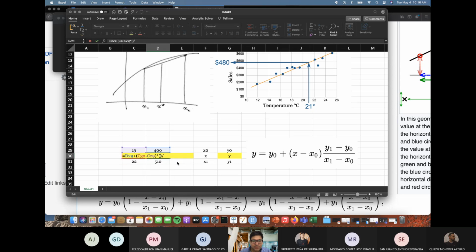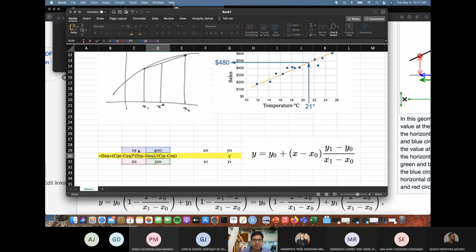So this is not the one. So we say we have the x, which is this one, of course, minus x0, which is this one, and then we have y1 minus y0. And now we can go to the parentheses again, and then we have x1, which is this one, minus x0.